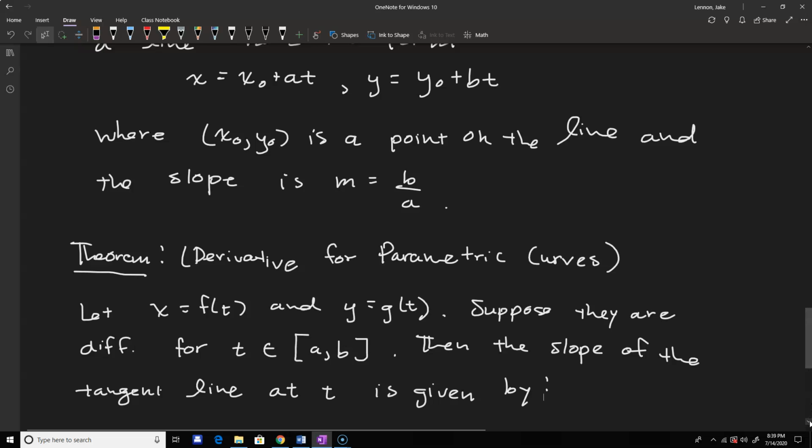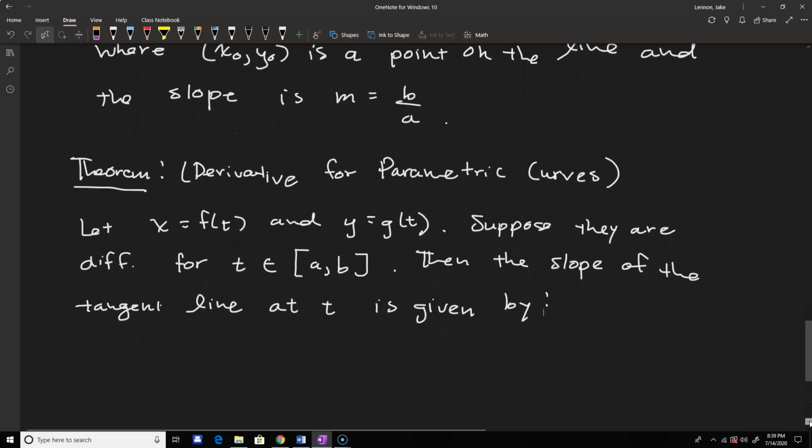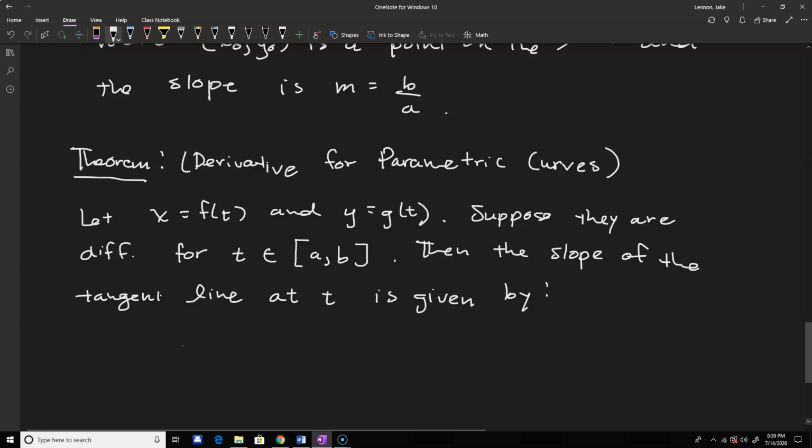dy dx. Basically we're going to take the derivatives of the two parameterized curves. So dy dx would be dy dt over dx dt. And those are just the derivatives of the parametric equations with respect to t themselves. So this would be f prime of t.